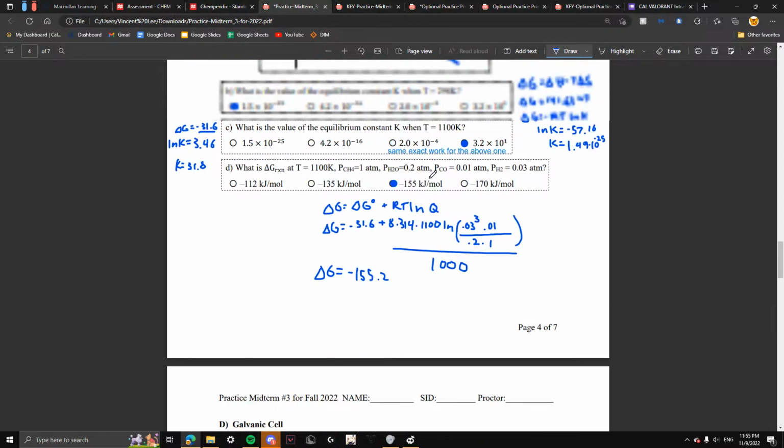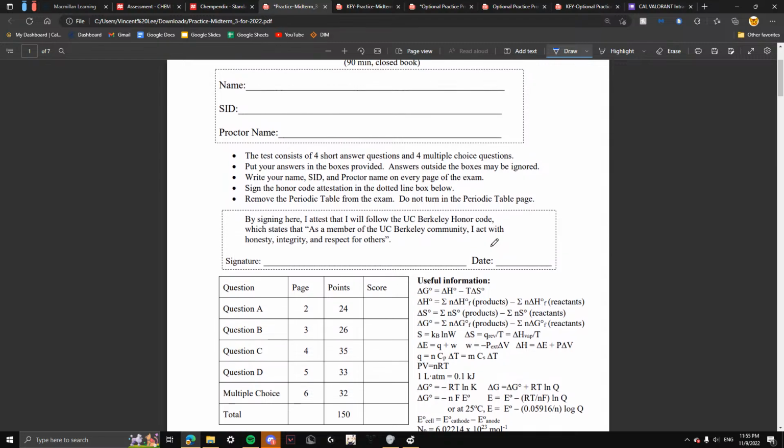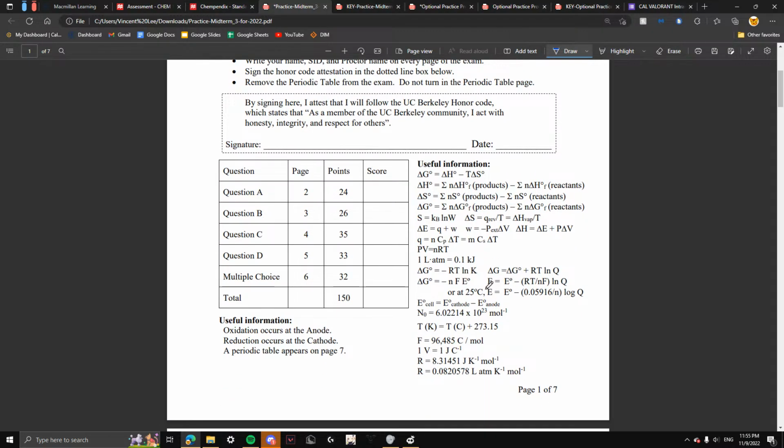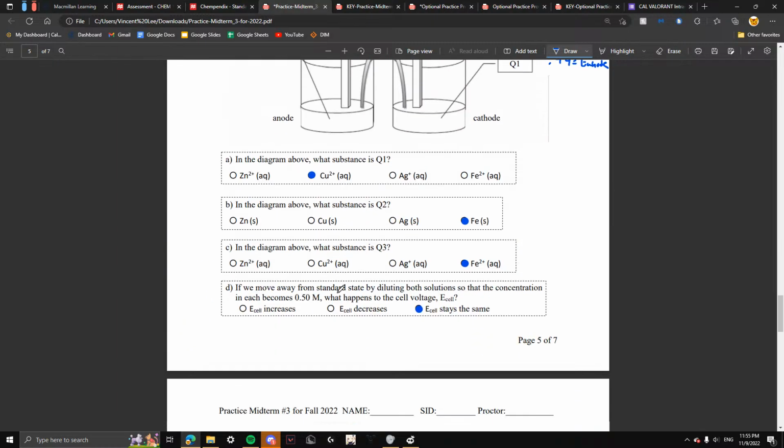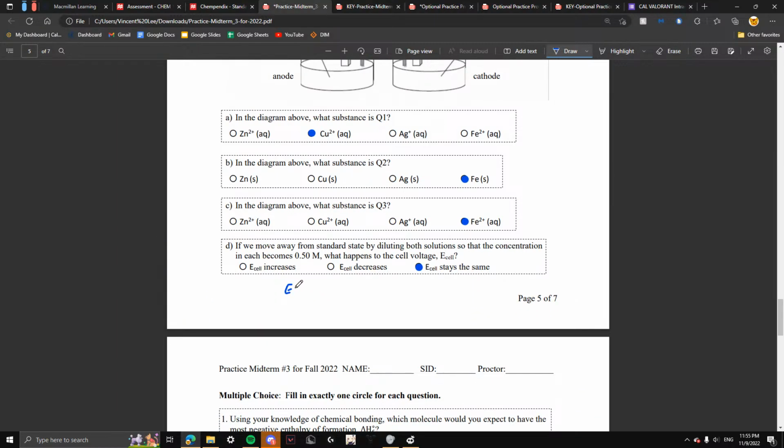Remember that this equation exists here. This one. So E is equal to E standard minus RT over NF ln Q. And Q is products over reactants, excluding solids.